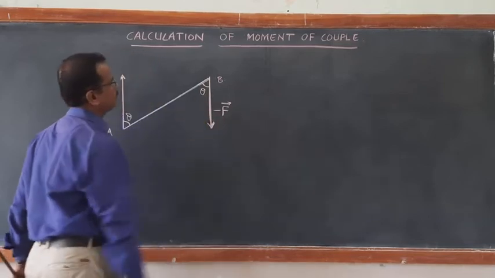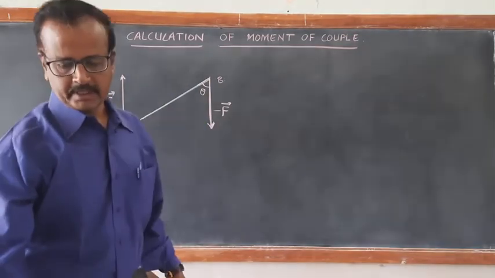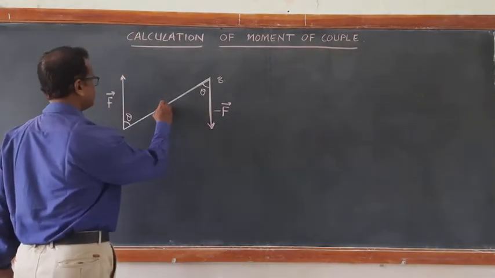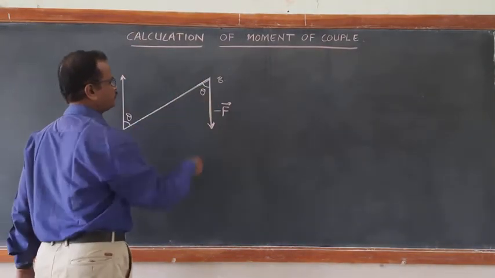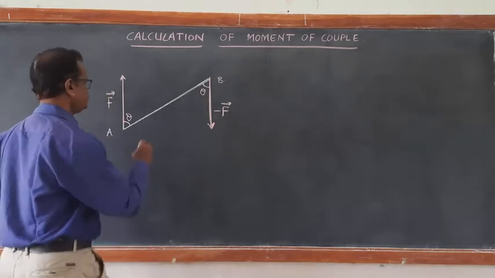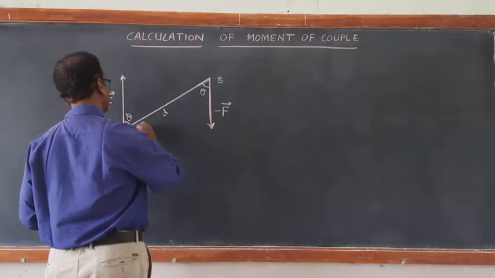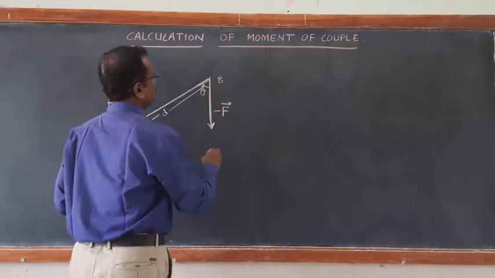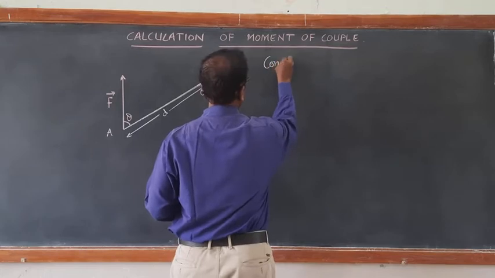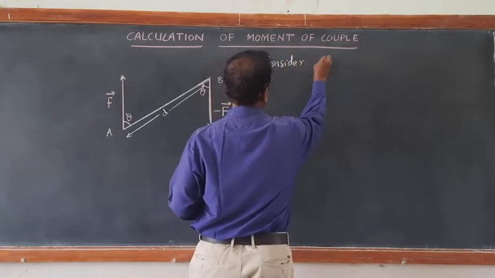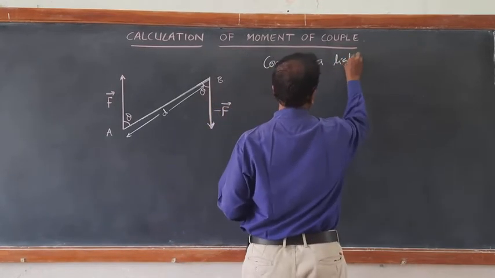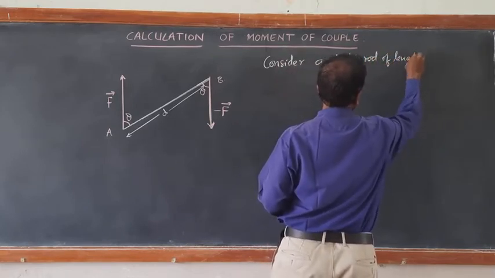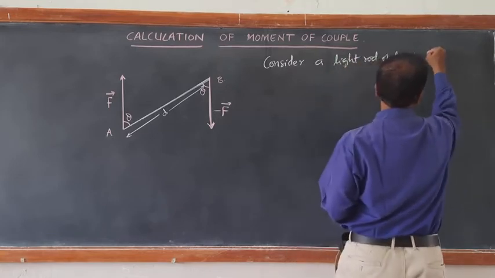Then how to calculate the moment of couple? Calculation of moment of couple. Now the angle between the rod and the forces is theta. Let the length of the rod be d. Consider a light rod of length d.